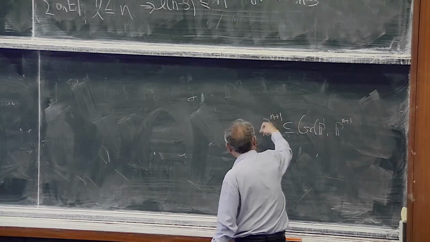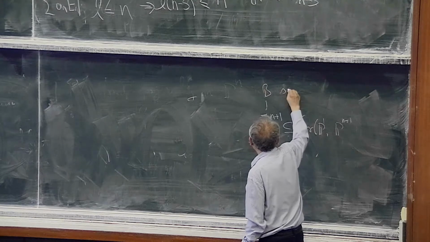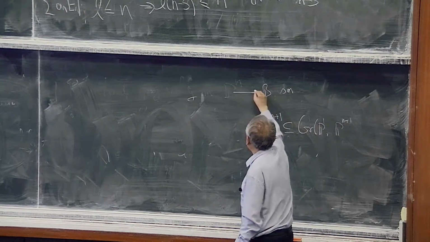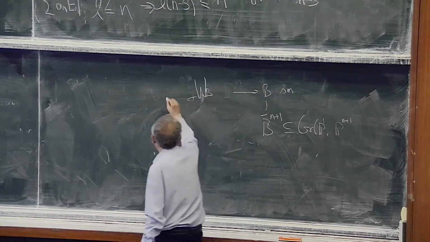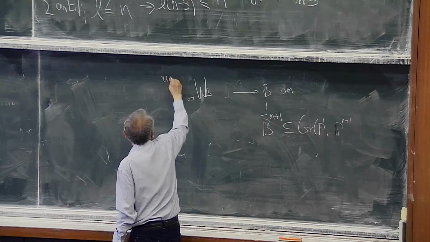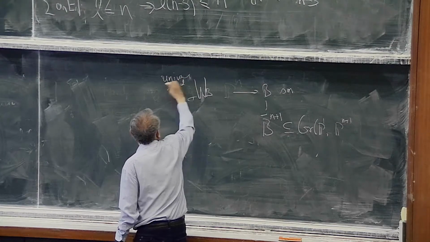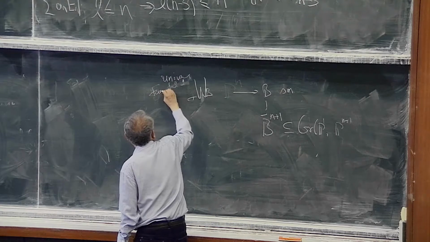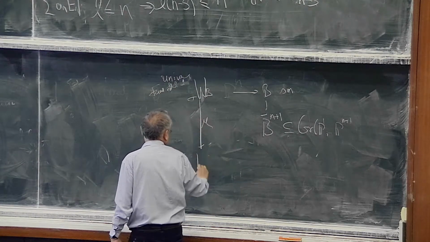Again, this may be singular, so let me resolve the singularity. So I can reduce to the case that this is smooth. And just like before, you have this family of lines, the universal family of lines, with the map mu again.